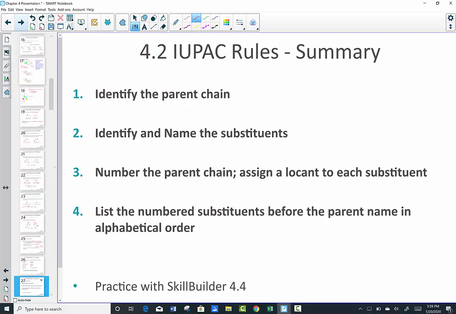Identify the parent, identify and name the substituents, number the parent chain, assign a locant to each substituent, that's the number. List the numbered substituents before the parent in alphabetical order. You're going to practice with Skill Builders 4.4. The Skill Builders is going to allow you the repetition to gain proficiency and speed. Pause your video and try some of these out, and when you're ready, come back and we'll share some answers.